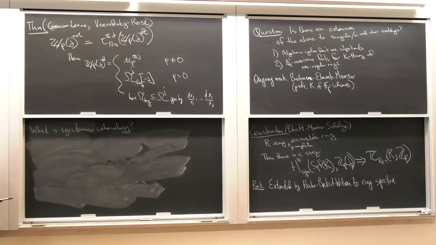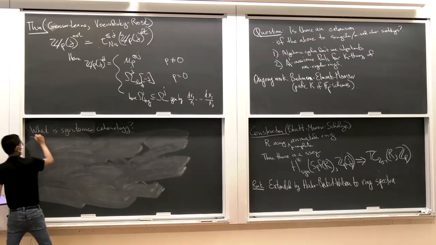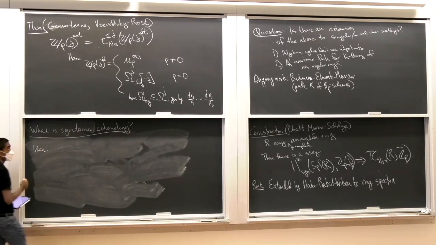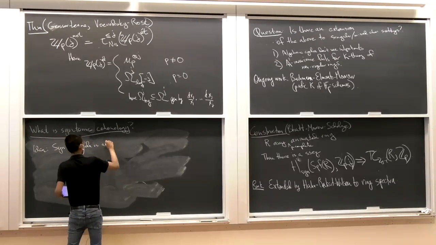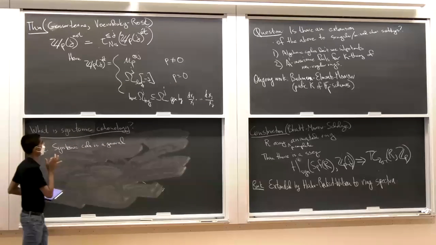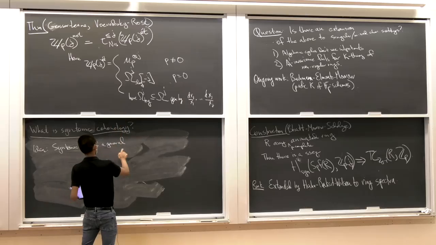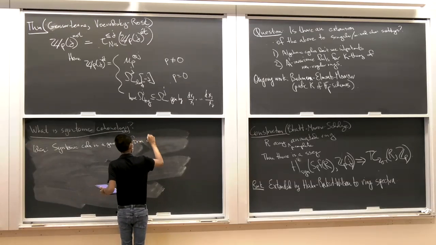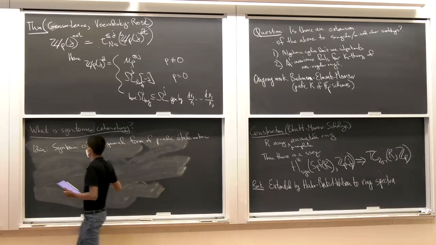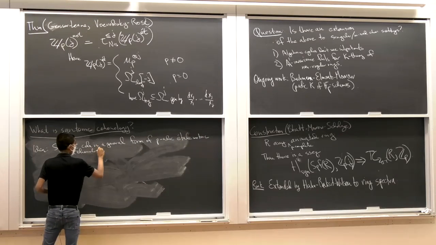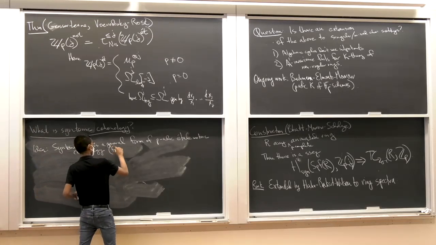I want to say a couple of other things about syntomic cohomology that are maybe complementary and might be helpful. One is that syntomic cohomology is supposed to be an analog of p-adic étale motivic cohomology, which makes sense very generally. The idea is that syntomic cohomology is a general and somehow synthetic form of p-adic étale motivic cohomology, let's say for p-adic rings.